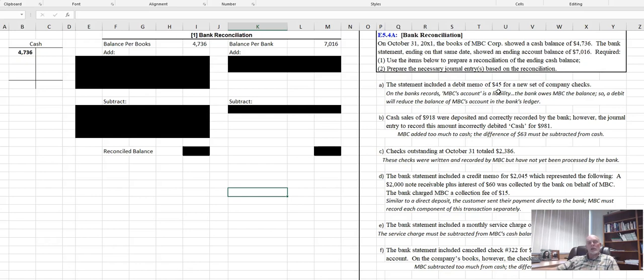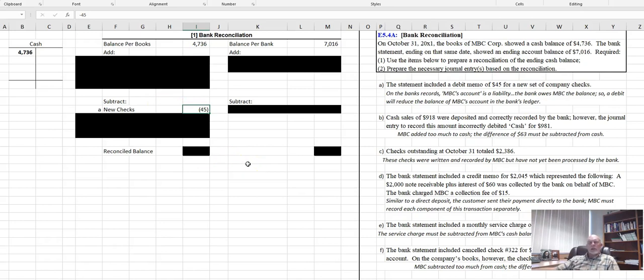So when they debit our account, they're reducing our balance. So they subtracted $45 from us, and we need to do the same to bring our number up to date. So I'm going to subtract $45 from our balance in the reconciliation here.